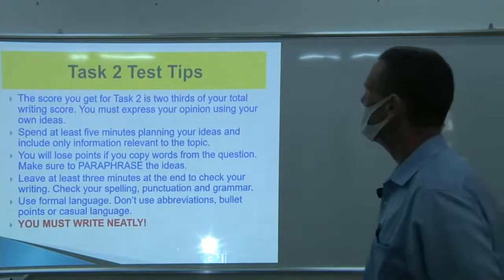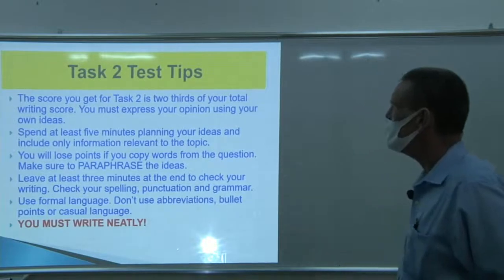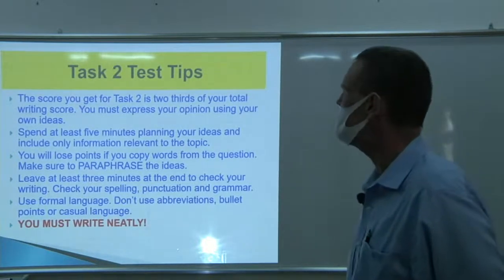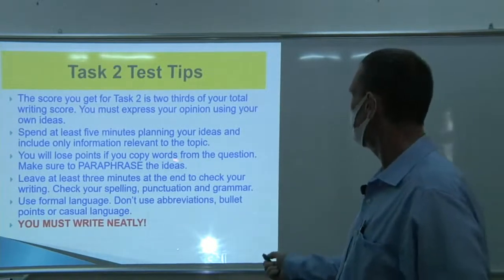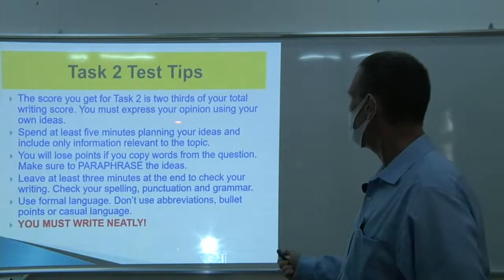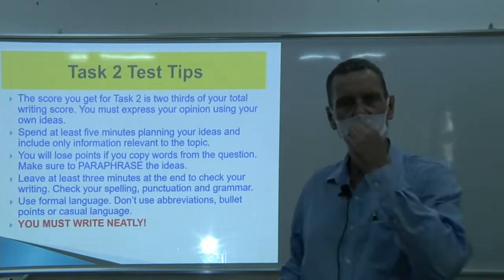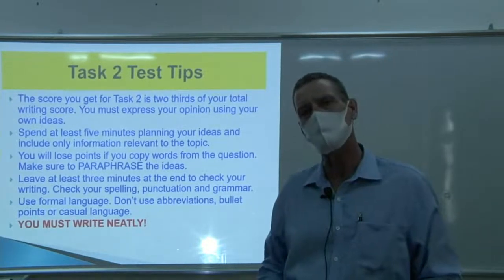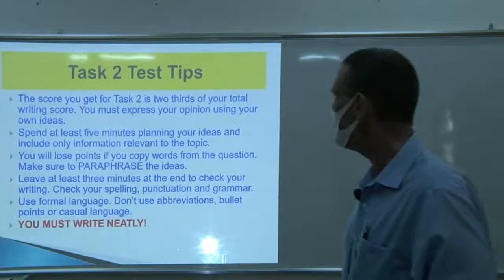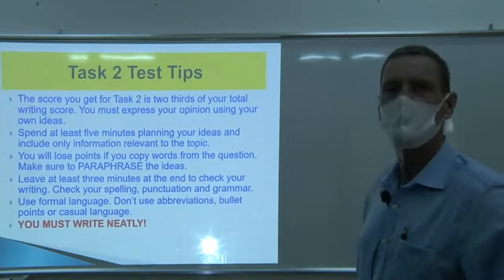Task 2, test tips. The score you get for task 2 is 2/3 of your total writing score. And you must express your opinion using your own ideas. Must, no choice. This is probably the most important part of your task 2 writing. What's your idea? And be very clear about that too.